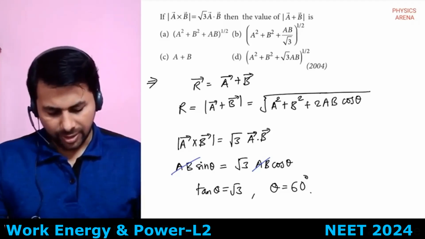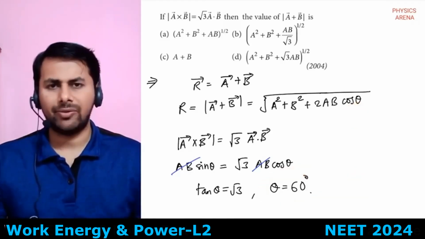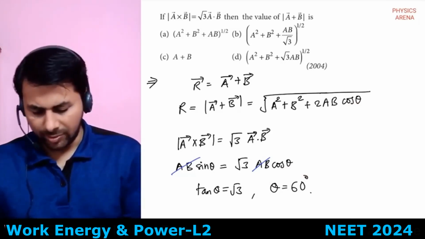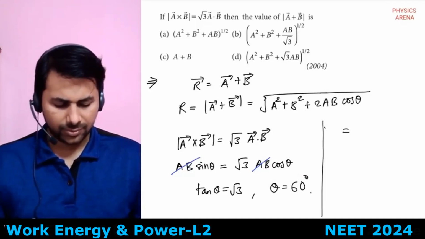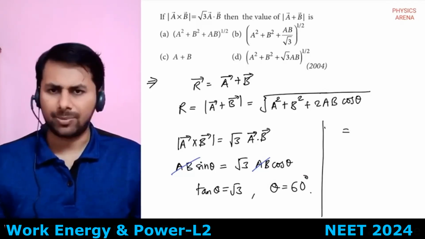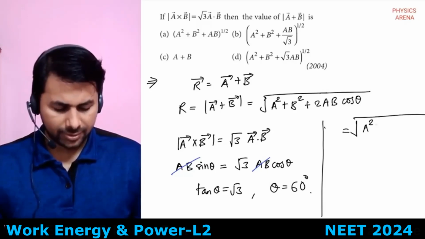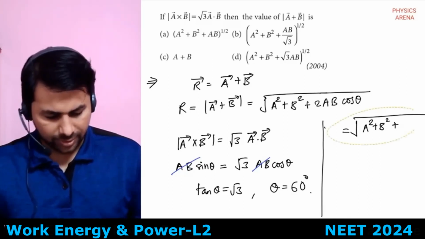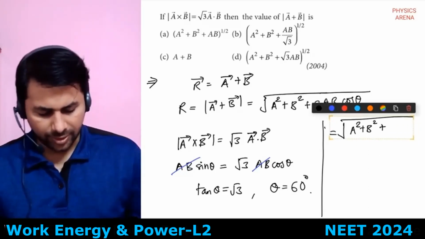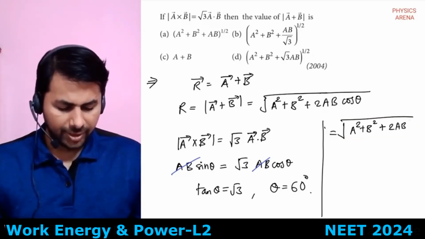And you can put cos of theta here. Cos of theta will be cos of 60. How much is that? Cos of 60 is half, right? Yes, no? So it is square root of a square plus b square plus 2 times ab cos of 60, which is half.